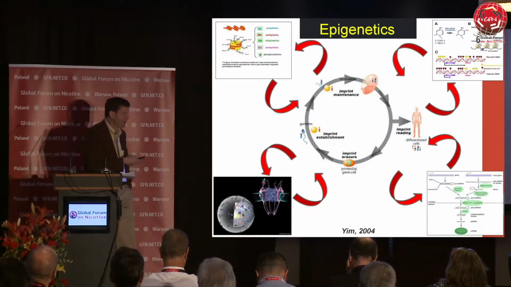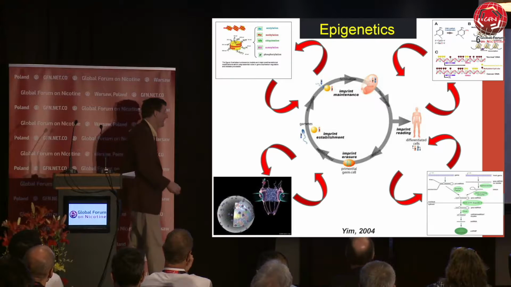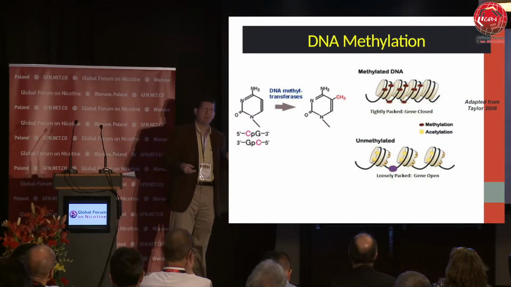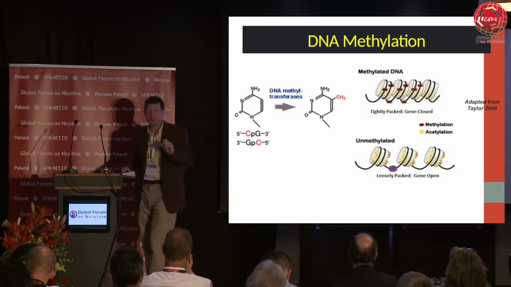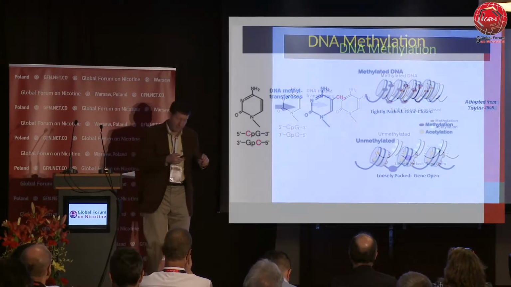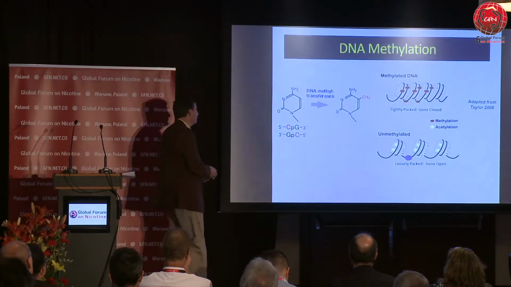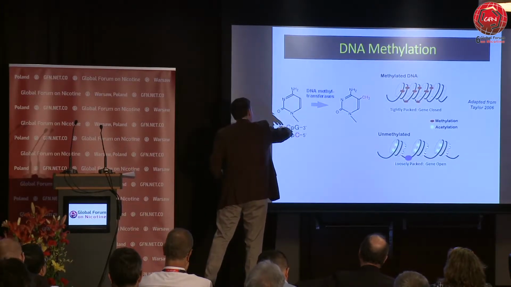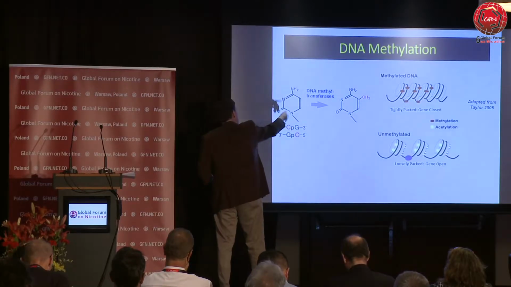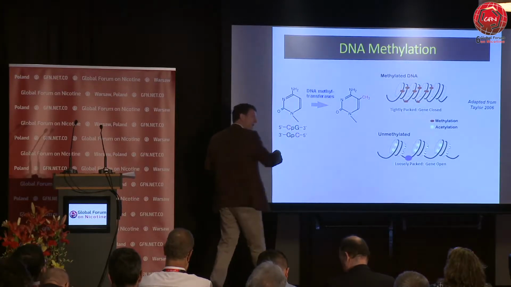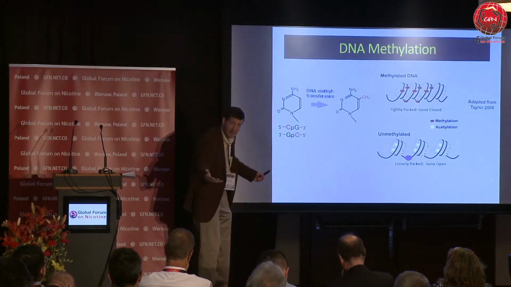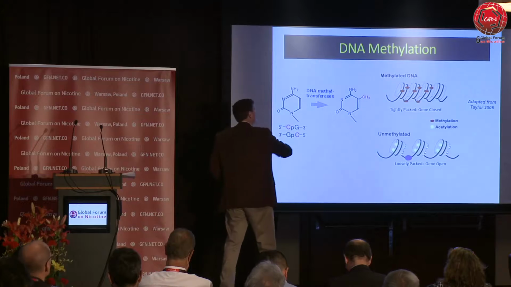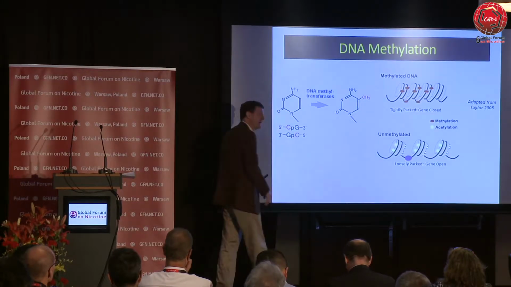Now, at a mechanistic level, it gets deep pretty quick. But for the people in this room, you only have to know one type of epigenetic technology, and that's DNA methylation. DNA methylation is the process through which DNA methyltransferases take a methyl group, a CH3 group, from a methyl donor like folate, found in greens and things like that, to cytosine residues of DNA.